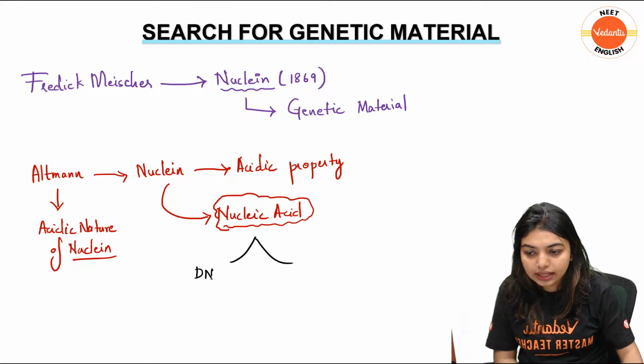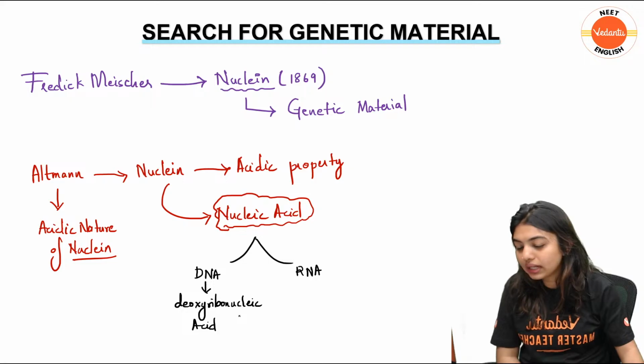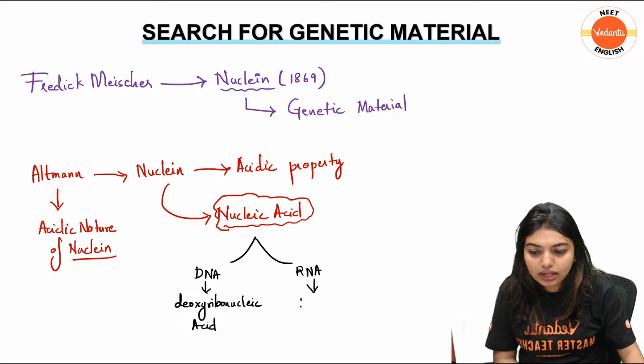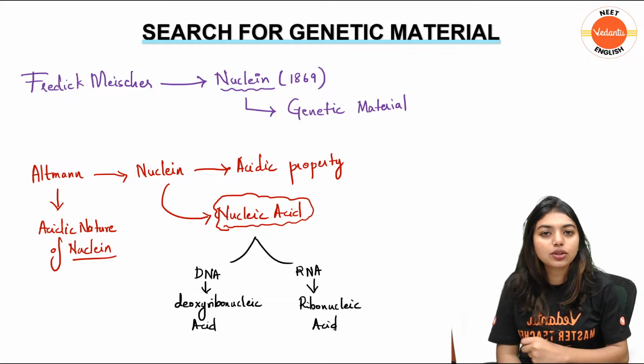One is DNA and one is RNA. DNA is called deoxyribonucleic acid, and RNA is called ribonucleic acid. That's all.